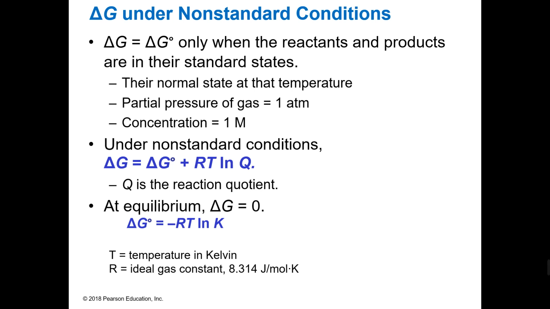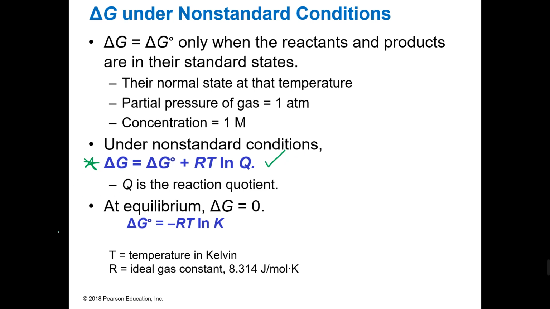So non-standard conditions, this is where we have to start using our log functions again. So non-standard conditions mean not normal state, maybe not at 1 atm, maybe not a concentration of 1 molar. When we have non-standard conditions, we're simply going to use this equation.